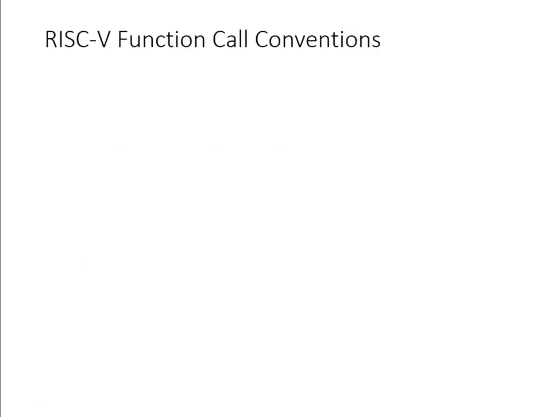Okay, for RV32I, there are some function call conventions, which I would recommend you get in the habit of following. Of course, it's your machine, you're designing the hardware, and you can design the software many different ways. In general, as we've discussed before, registers are much faster than memory, and the ISA, RV32I, takes advantage of this to optimize functions.